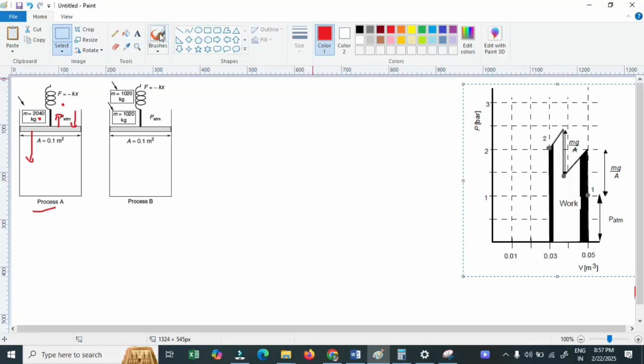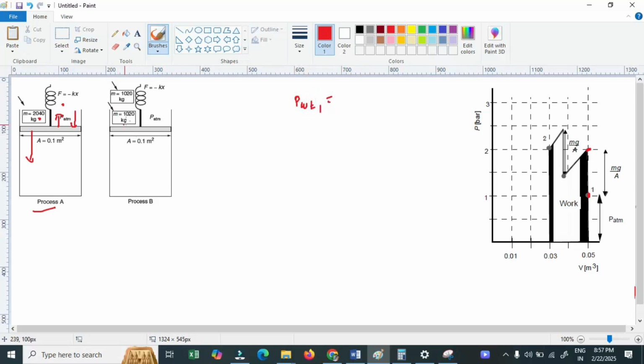As I discussed earlier, this is state number 1. It is located here where the initial volume given as 0.05 and the pressure is 1 bar. Now the weight is divided into 2. So first it will move from here to here. This position will be calculated by us. We have done it here. The weight number 1, P weight 1, pressure into the weight 1.